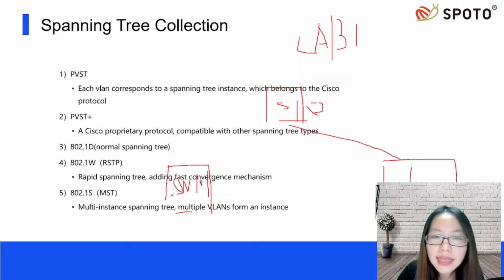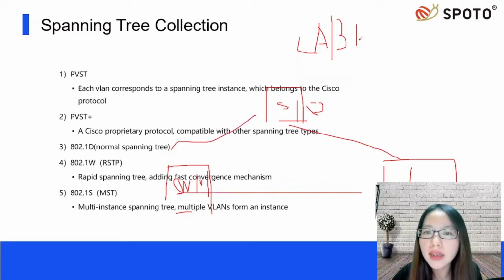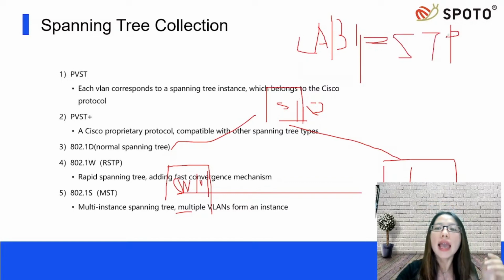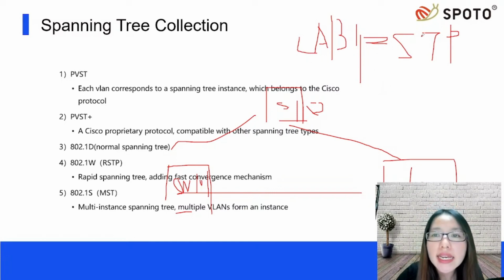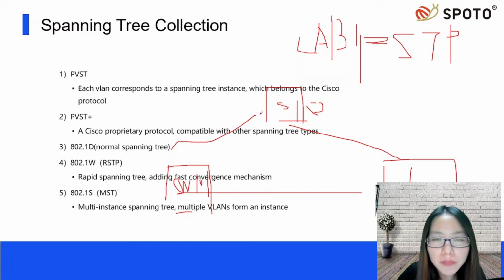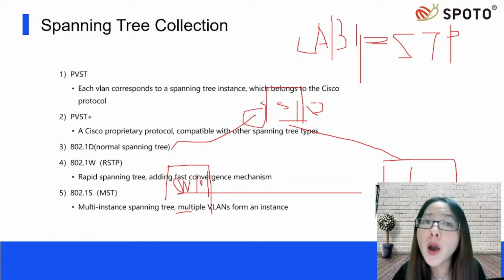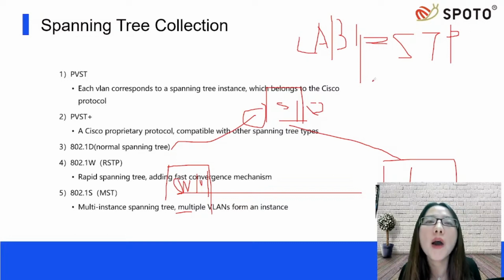In CCIE, we need to configure RSTP. We need to configure the STP root priority. We also need to configure the STP port link types, where we configure point-to-point. These are about our RSTP.